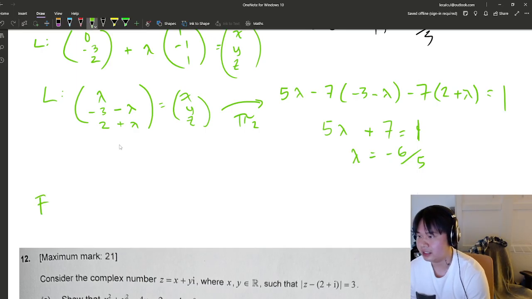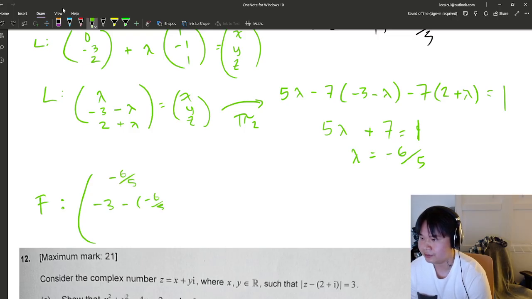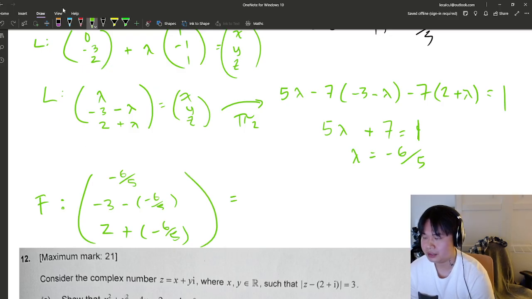Therefore, our coordinate F is negative 6 over 5, negative 3 minus negative 6 over 5, 2 plus negative 6 over 5. I'm just going to use this one and then clean it up.